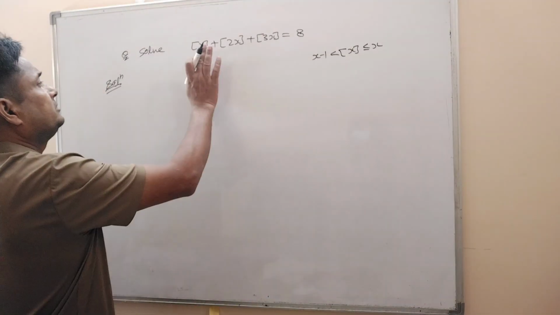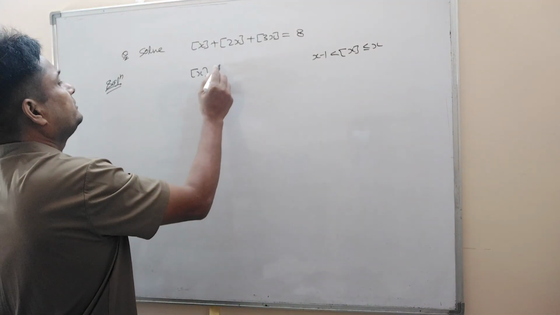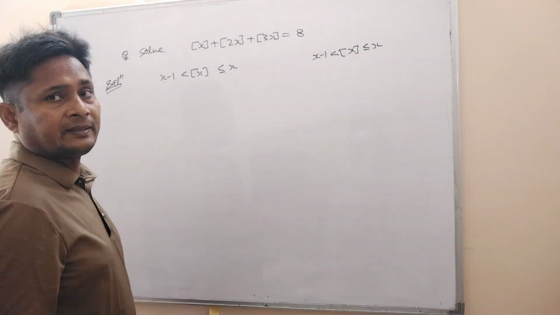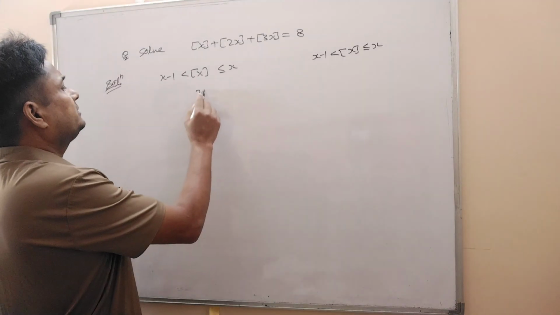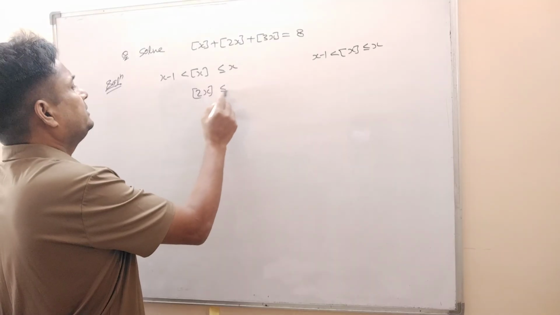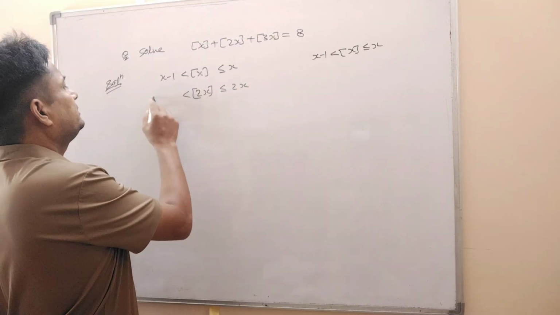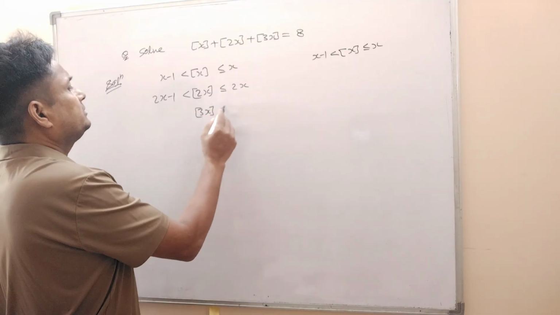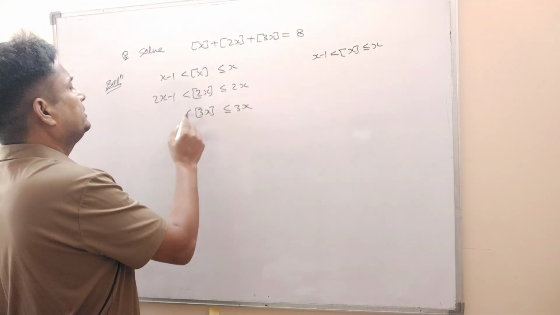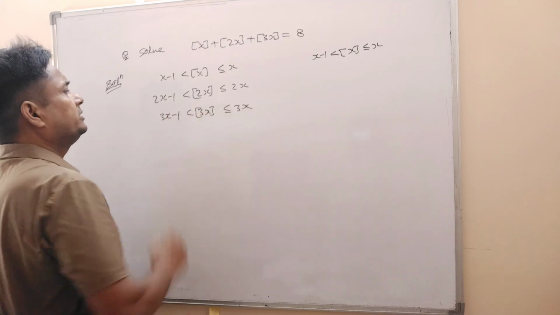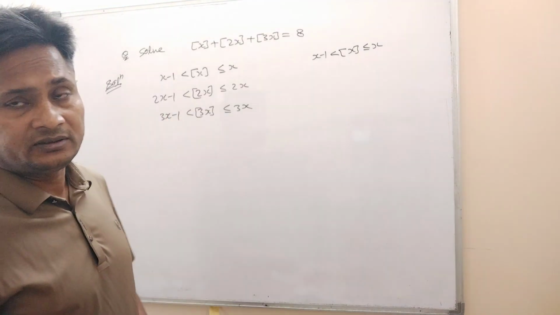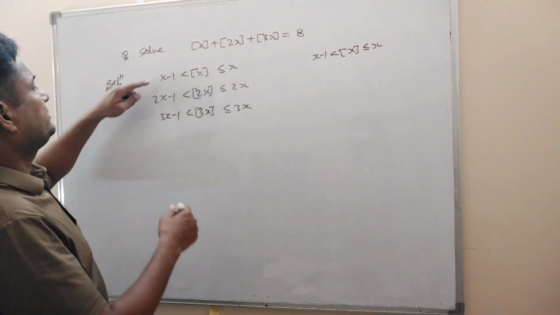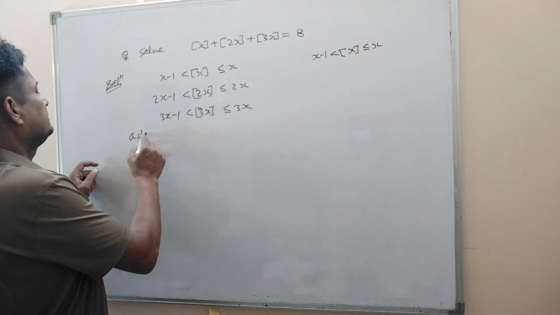Greatest integer of x will be less than or equal to x and greater than x minus 1. Greatest integer of 2x will be less than or equal to 2x and greater than 2x minus 1. Greatest integer of 3x will be less than or equal to 3x and greater than 3x minus 1, right? Now add these three.